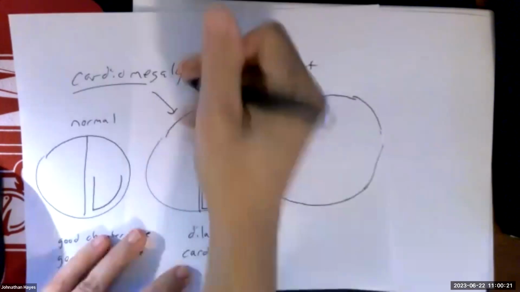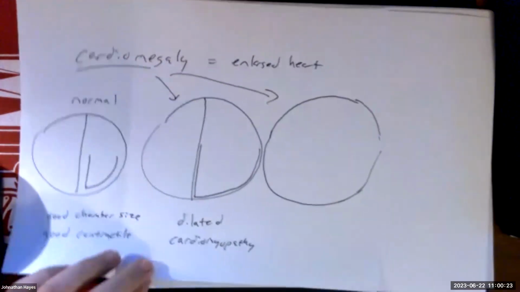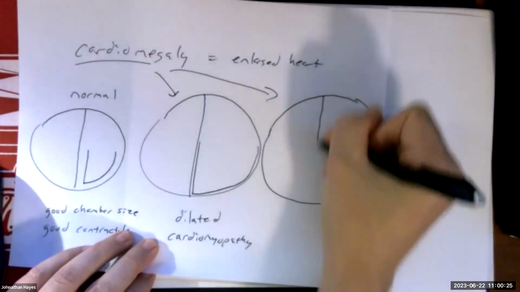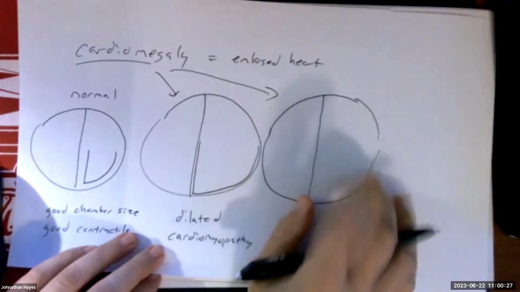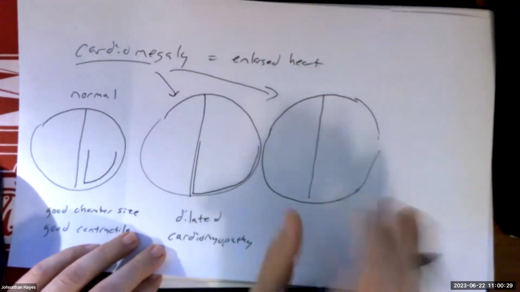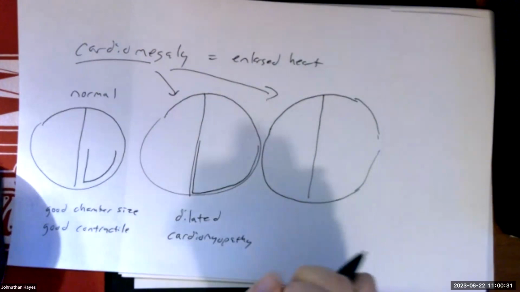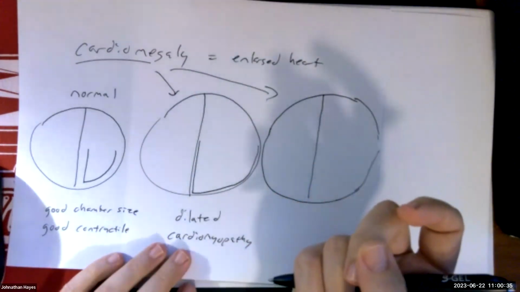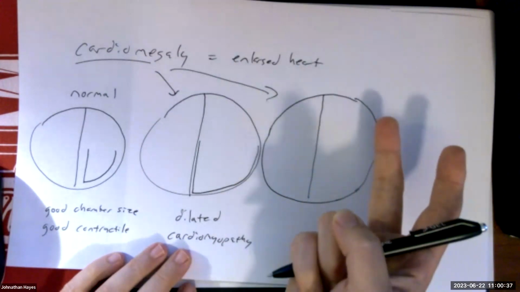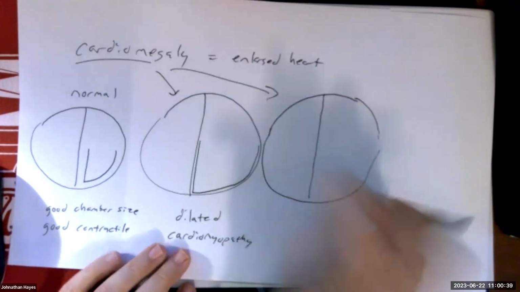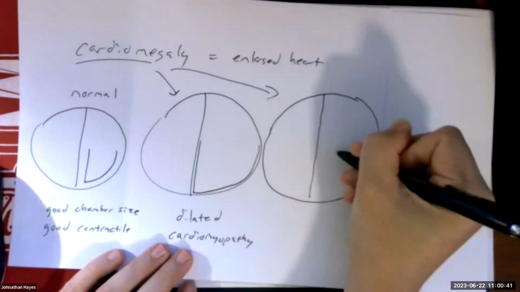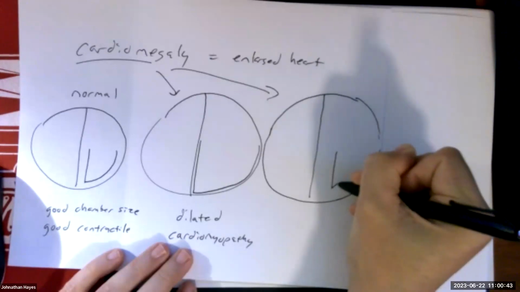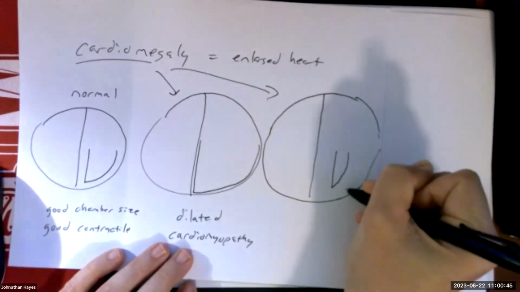So next one, still cardiomegaly. Let's look at what has happened with the heart. This heart has been overly worked. It's been pumping real hard because it's having to overcome some type of greater resistance. Maybe the resistance is the same, but the heart itself was injured. Whatever, this heart's been working real hard and it got too thick. So again, it's an enlarged heart, but it has enlarged by thickening.